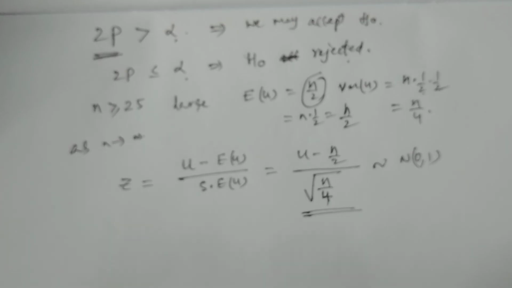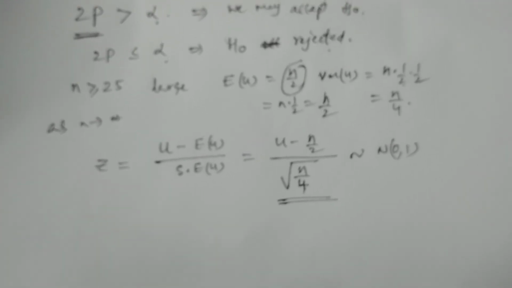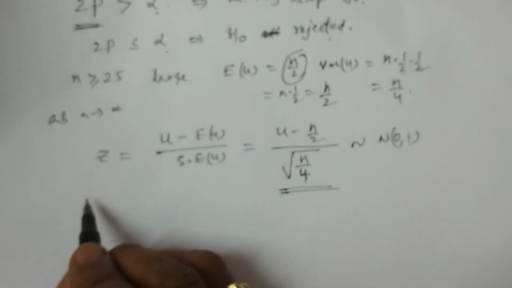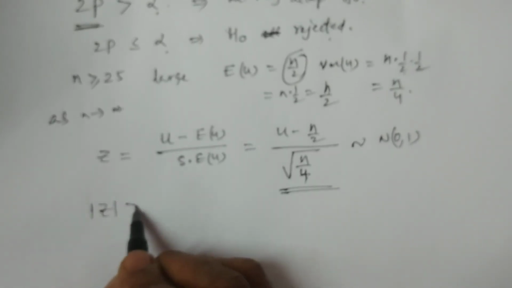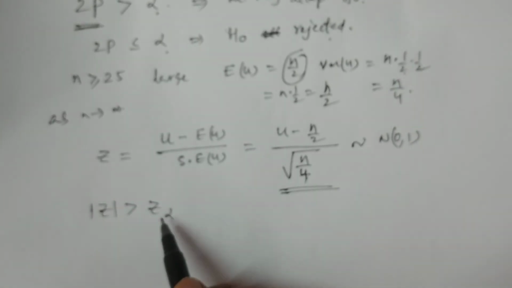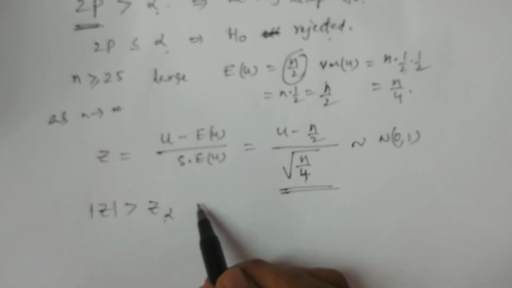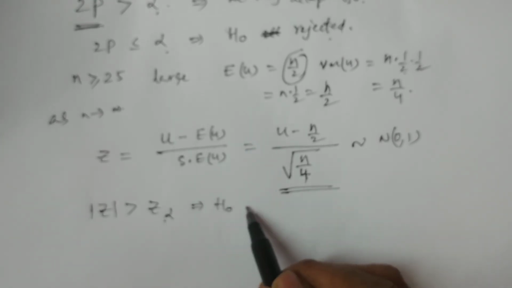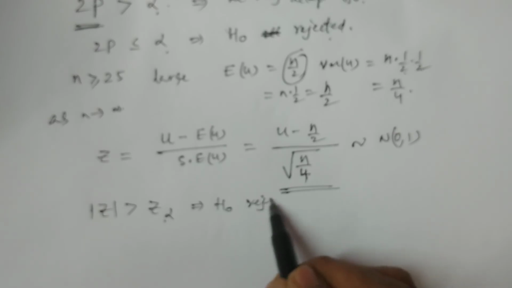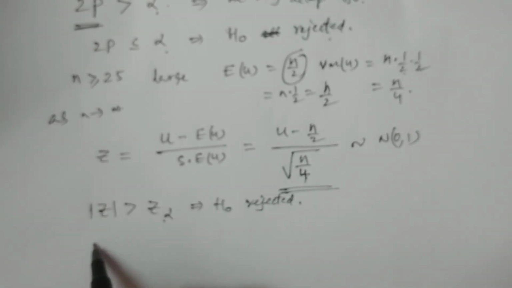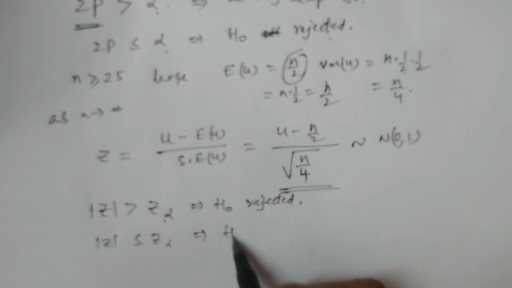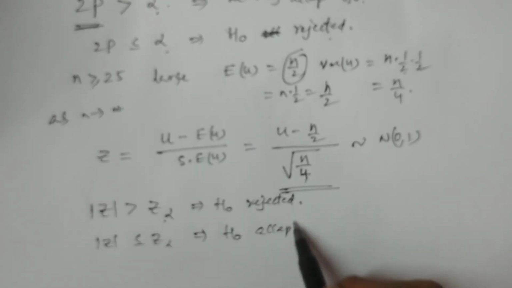For the comparison and conclusion, if modulus of z is greater than z alpha, which means it is a significant value, then H naught is rejected. If modulus of z is less than or equal to z alpha, H naught is accepted. What is z alpha?